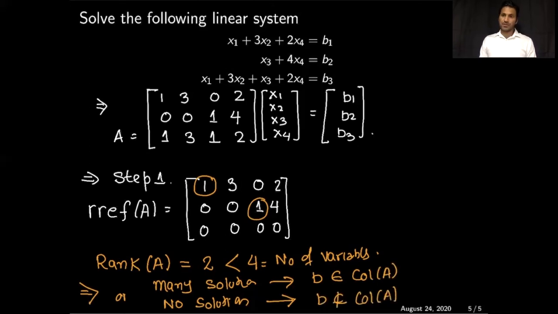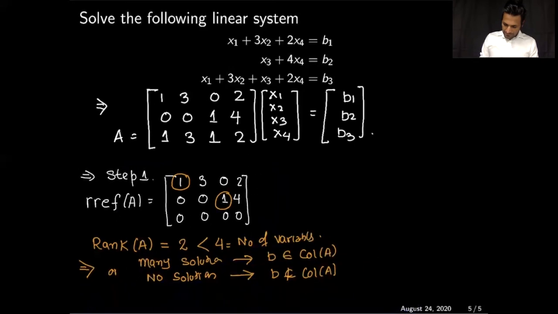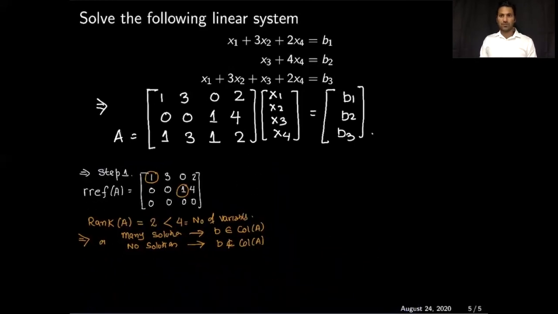So that means we need to calculate the column space of the matrix to see whether this linear system has many solutions or no solution. There is a video where we learned how to calculate the column space of a matrix. Please watch that video. But I'm going to write down how to calculate the column space of this matrix.